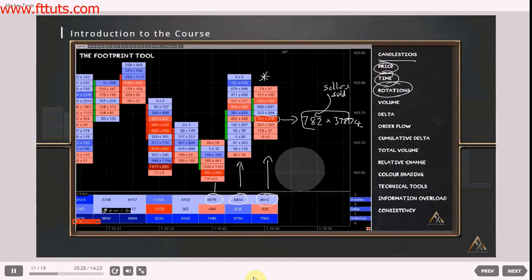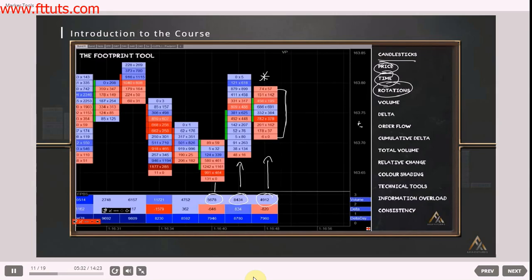Okay, now what you'll see obviously is that over the course of a rotation we get a cumulative delta. And that cumulative delta is shown to us in the second box of the summary statistics. And we can see that the net cumulative delta within all these price points equates to minus 820.